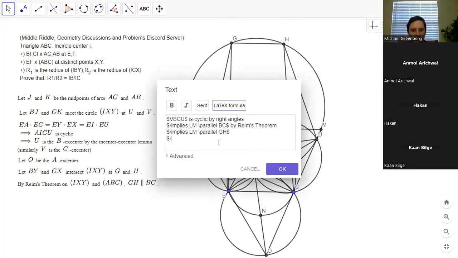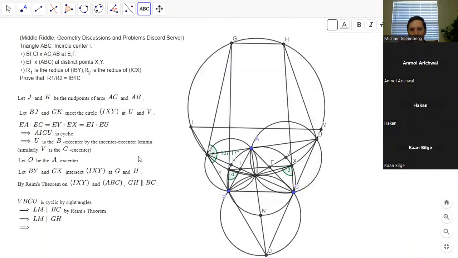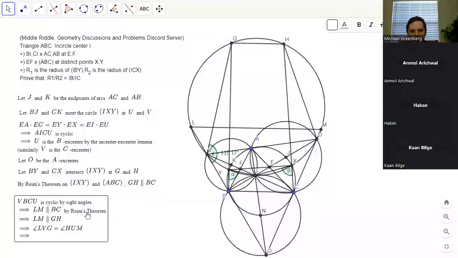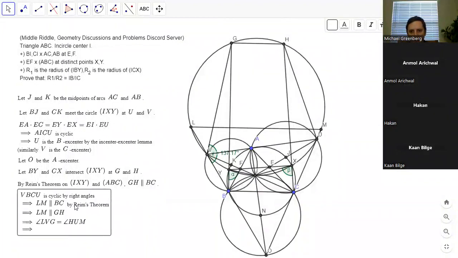And that means that angle LVG is HUM. And that means that angle GVO equals angle HUO.